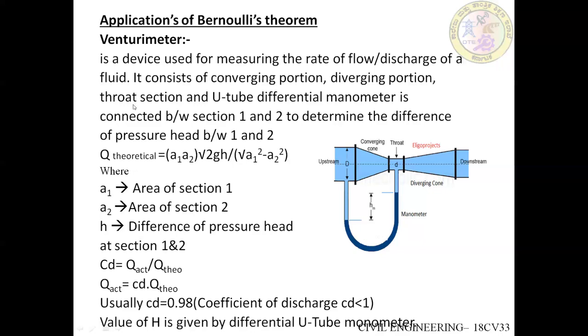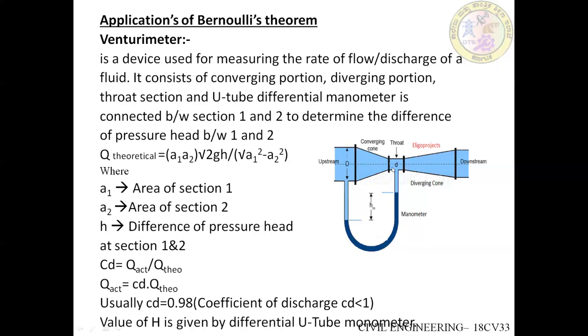A venturi meter is a device used to measure the rate of flow of a fluid. It consists of a converging portion. You can see in this figure the converging portion, the diverging cone or diverging portion, and the throat section.